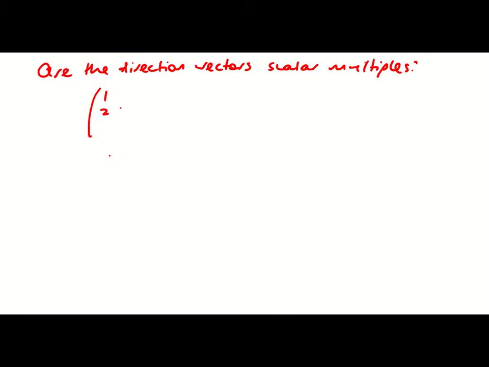Right, so are the direction vectors scalar multiples? So what we need to solve is 1, 2, 5 is equal to k times 2, negative 3, negative 4. Now it's really obvious that they're not, but let's do it properly anyway.